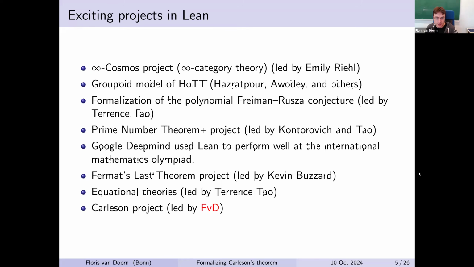Then Sina and Steve Awodey and Mario Carneiro and others are doing a formalization of the groupoid model of HoTT. Their vision is to then have some kind of front end so that you can use Lean as a proof assistant, where if you write a term in Homotopy type theory, it will be compiled to its interpretation in the groupoid model, and it will become something that Lean's mathematical library can then work with.